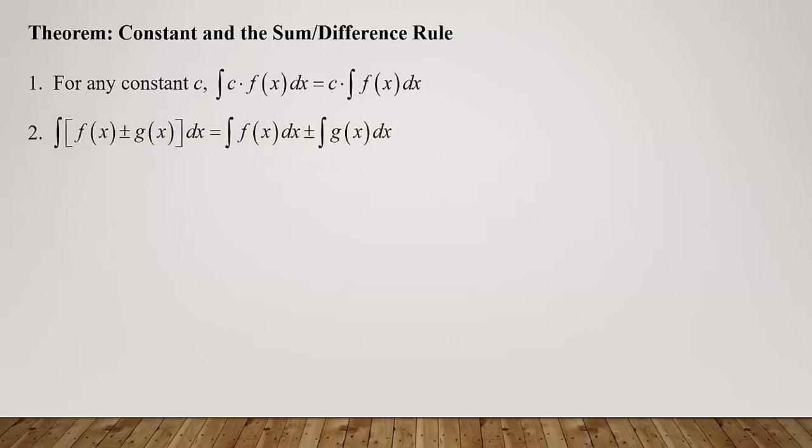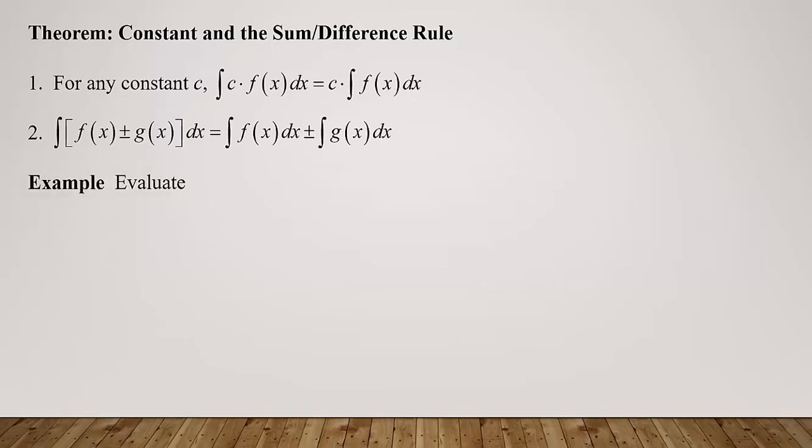And when you integrate the sum or difference of two or more functions, you can split it up into integrating f of x dx plus or minus integrating g of x dx.